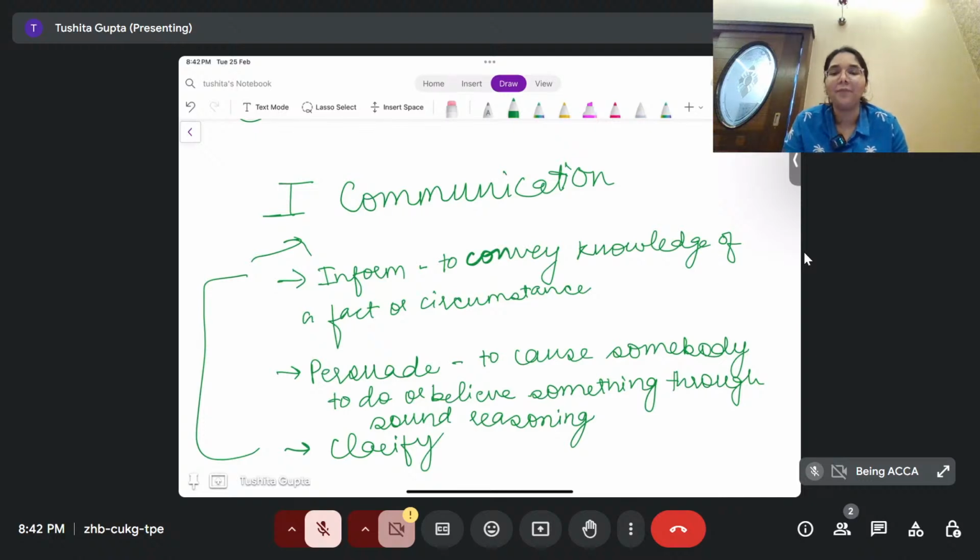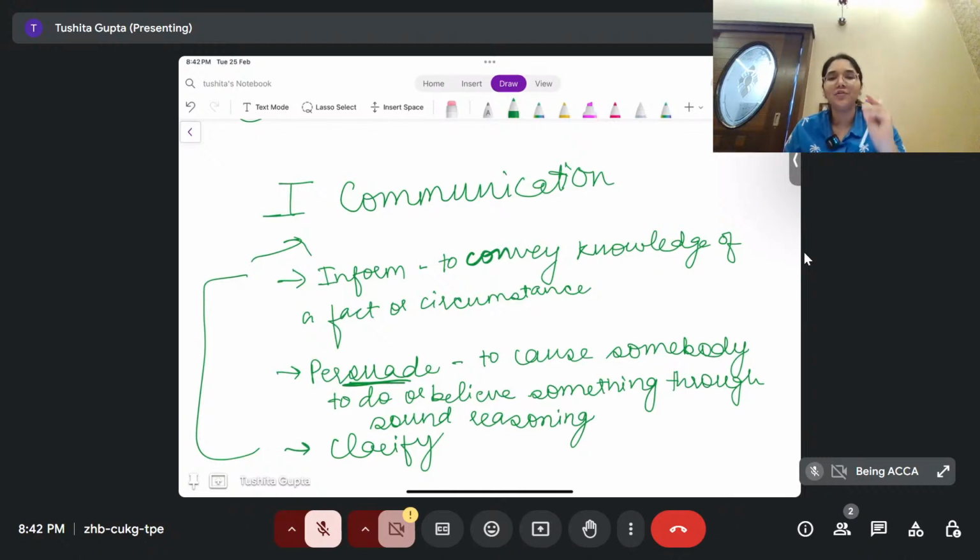You try to persuade them, you cause somebody to do or believe something by giving them some reasons. You will try to say, oh, this party will be so much fun, you should really come, we'll have so much fun, we'll play, we'll dance. So you are giving them some reasons to do something or believe in something. So this is what is a part of the verb which is known as persuade.